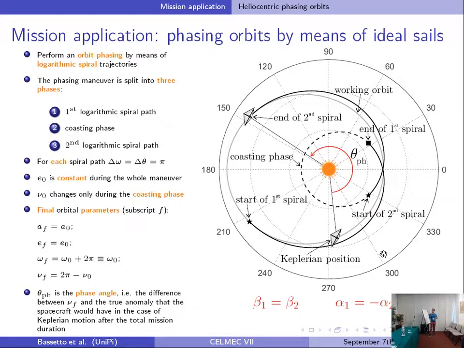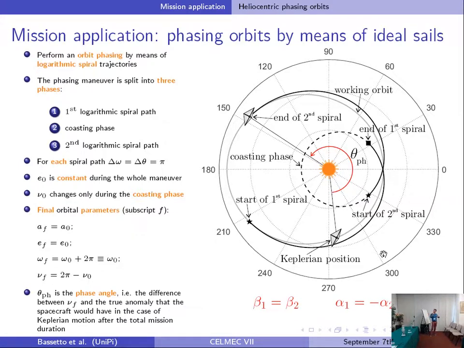The idea is to split the maneuver into 3 phases. In the first phase, the spacecraft is allowed to move along a first logarithmic spiral arc in which the angular coordinate increases by 180 degrees, and so also the rotation of the apse line is 180 degrees.